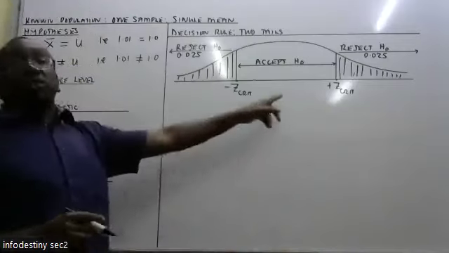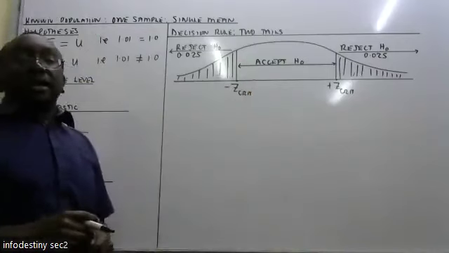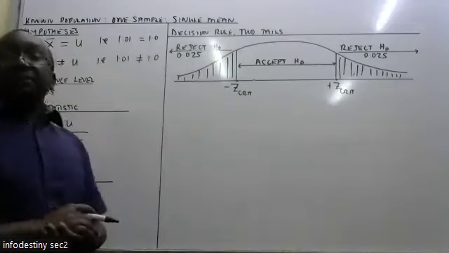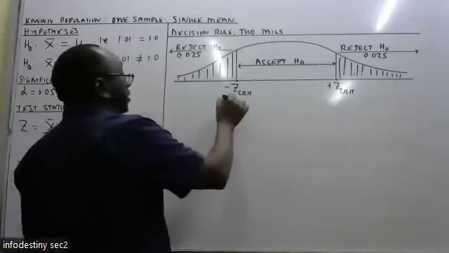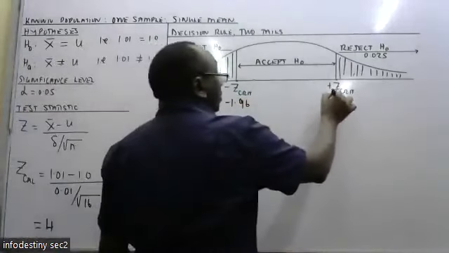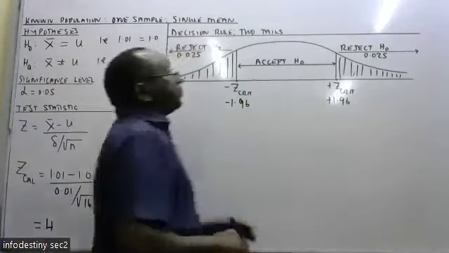So this is what we had learned about the area when we were doing the confidence interval. I told you that at 95% the value is 1.96. So this is minus 1.96 and positive 1.96.